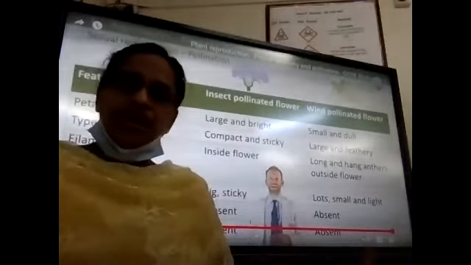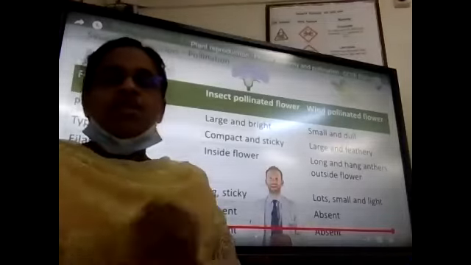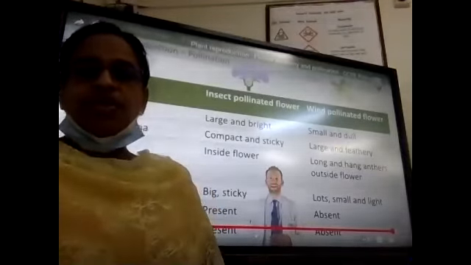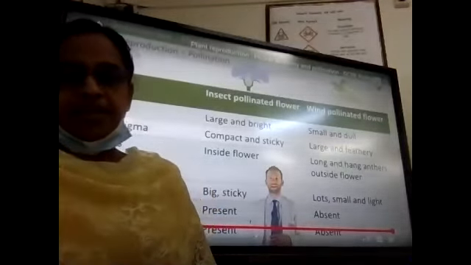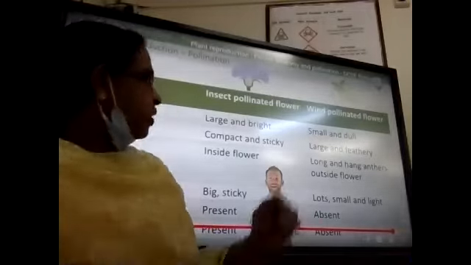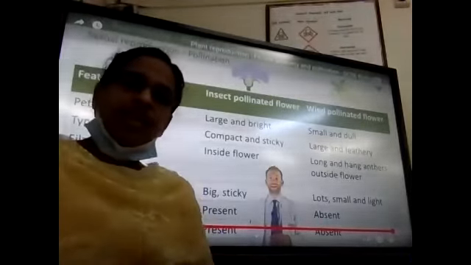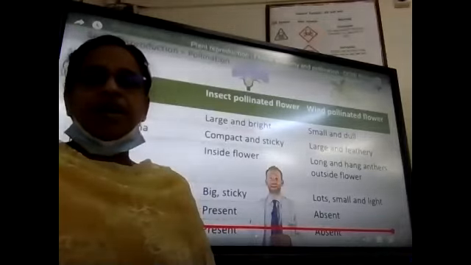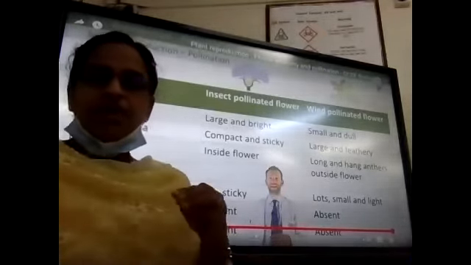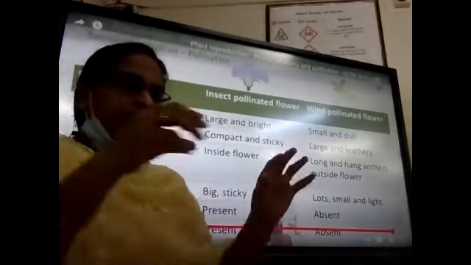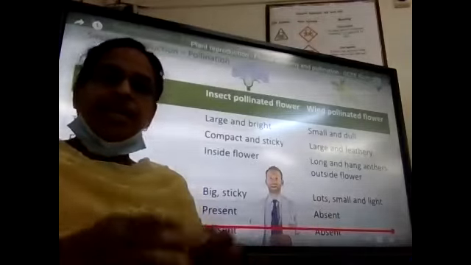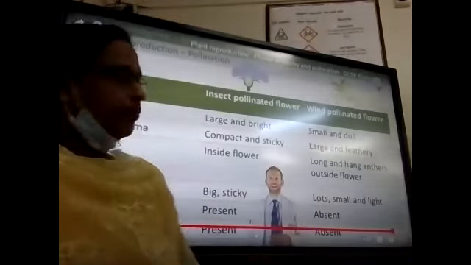Some of them will be lost. So there will be loads of small and light pollens. The number will be very high. But in insect pollinated, we can more or less make sure that most of them are going to the stigma, because whenever the bees are visiting flowers, they can go to the stigma.